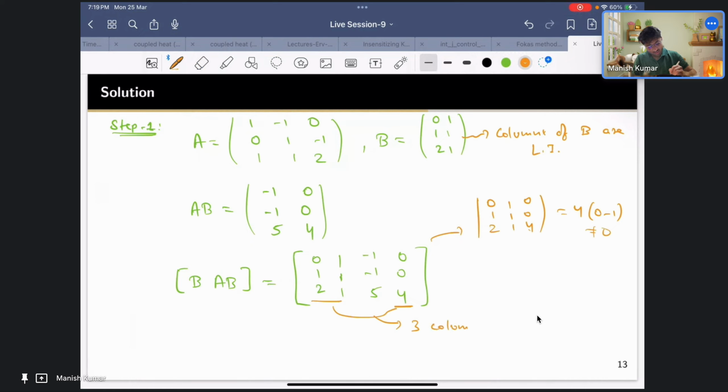These three columns are linearly independent, and hence you can clearly see that the rank is 3. So the rank of [B, AB, A squared B] is equal to 3. So controllable. This implies (A, B) is controllable.